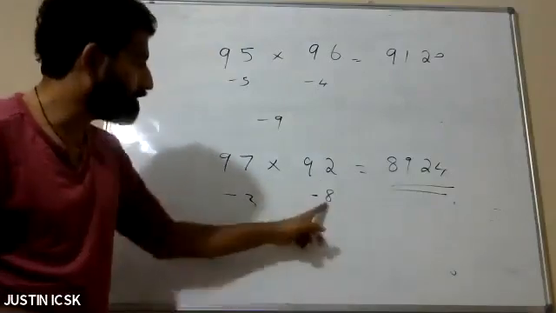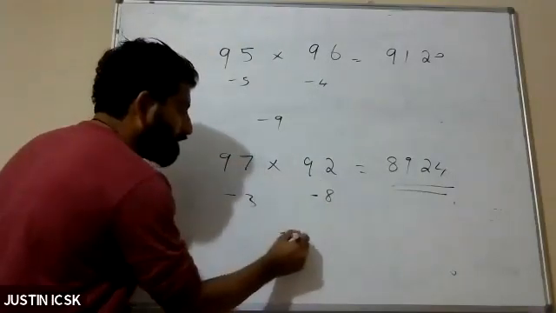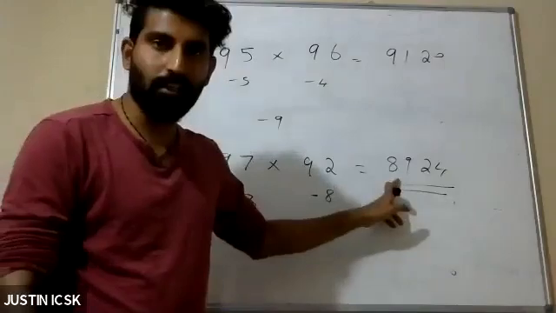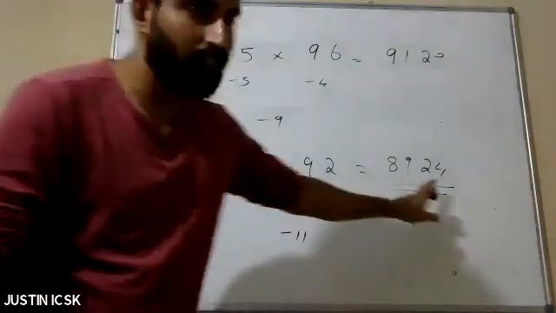Okay? So minus 3 plus minus 8 is minus 11. 100 minus 11 is 89. Minus 3 into minus 8 is 24.